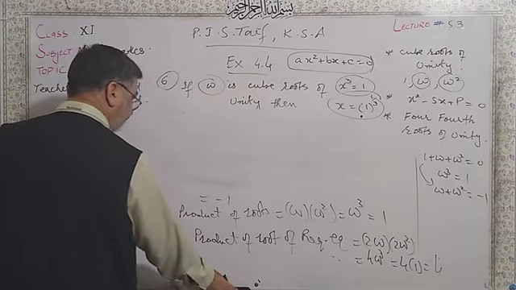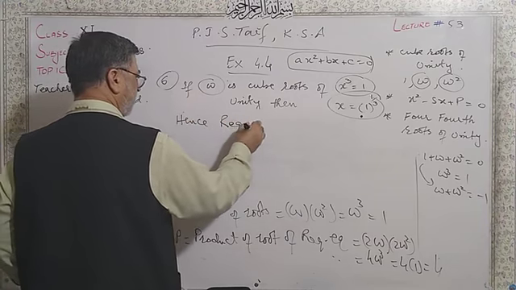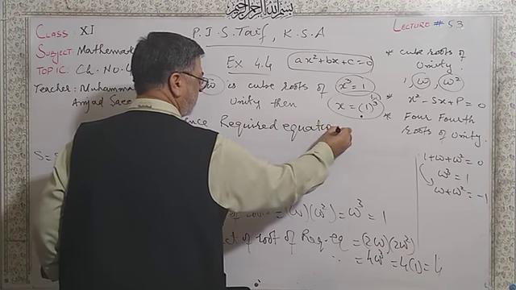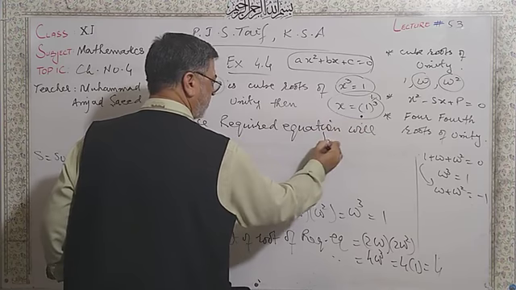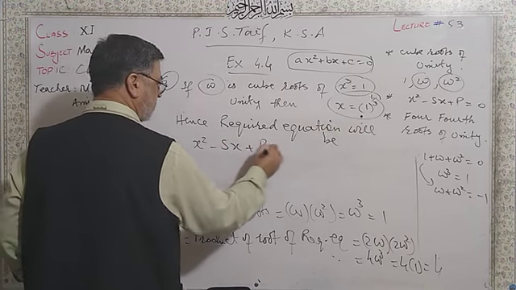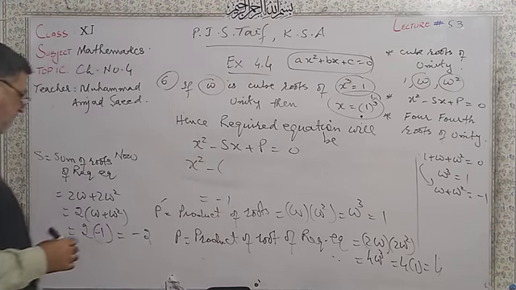Hence, the required equation will be x square minus sx plus p is equal to 0. X square minus, what about s?